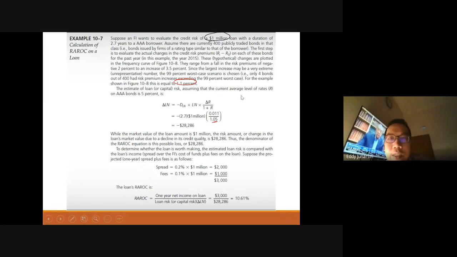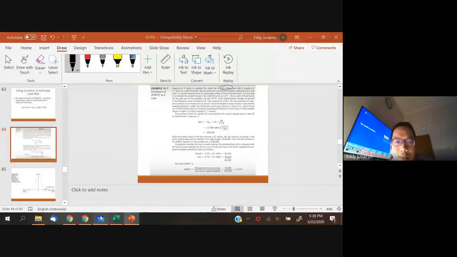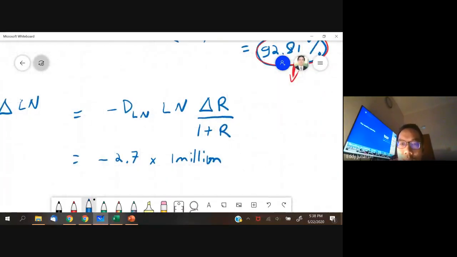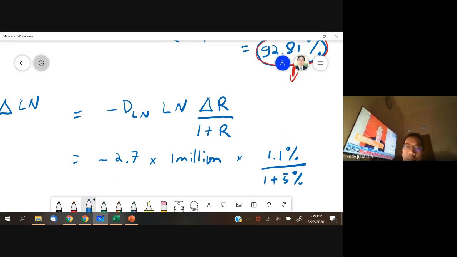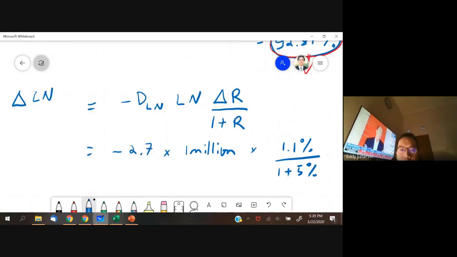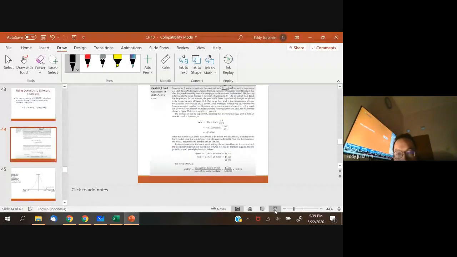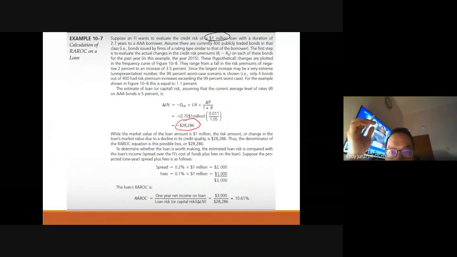We don't see it in the information, but based on the calculation that they made, we could guess that. So this would be multiplied by 1.1% divided by 1 plus 5%. Okay, so we get 28,286. So this is the change in loan value, right?